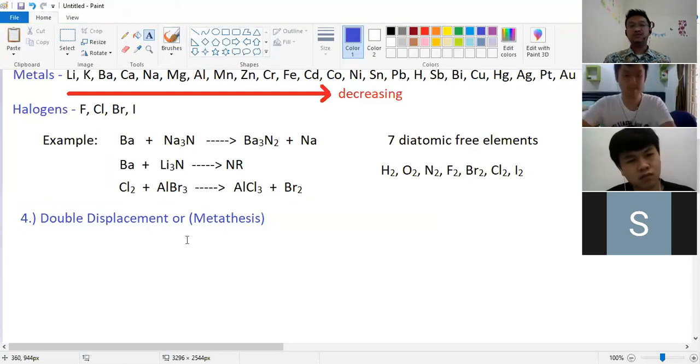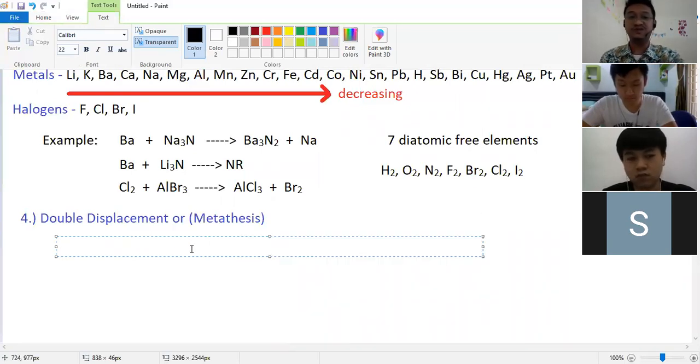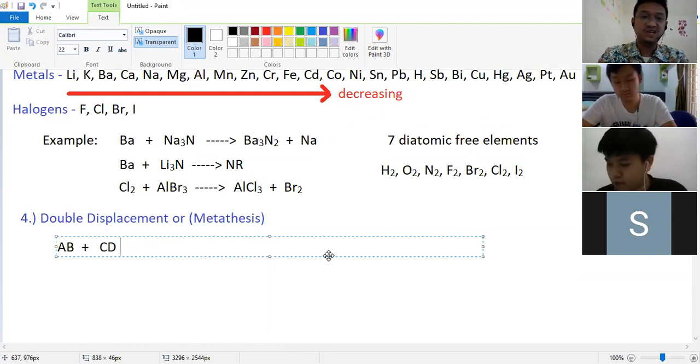All right, so double displacement reaction or metathesis involves the following. In single replacement, it is one element and one compound. This time, there are two compounds that will react together. So the compound AB will react with the compound CD, and what will be the result?